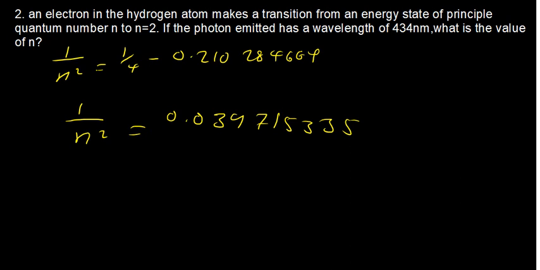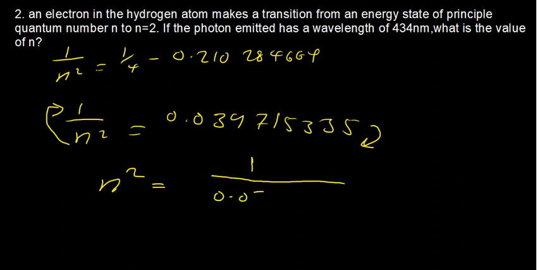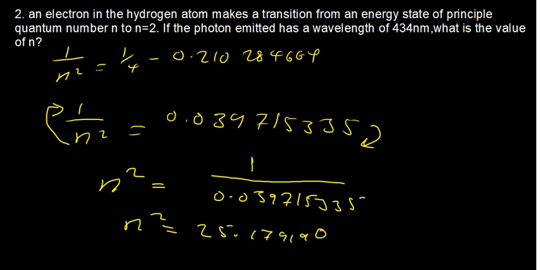So whenever we take the n on top, this is going to come down. So n squared therefore is going to be 1 over 0.039715335. So the n squared is going to give us about 25.17919075.